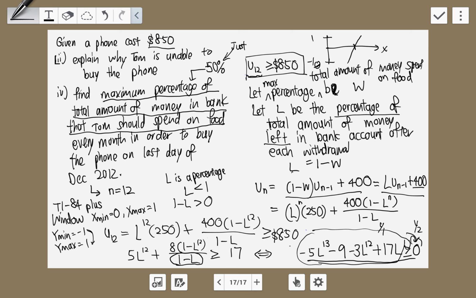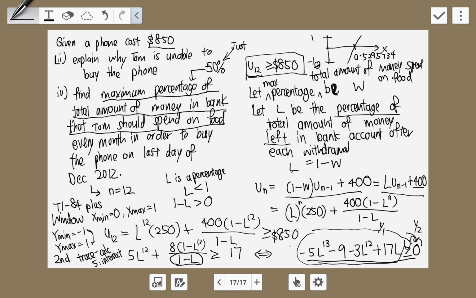For Texas Instruments, I'll press second and press the trace button, which means calculate. Okay, when I calculate, I'll press 5, which is to find the intersection point, and then I will just press enter 3 times. Okay, so when I press enter 3 times, I get this value of L, this point to be 0.5295734.